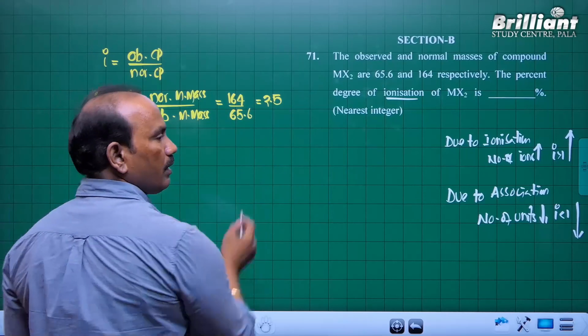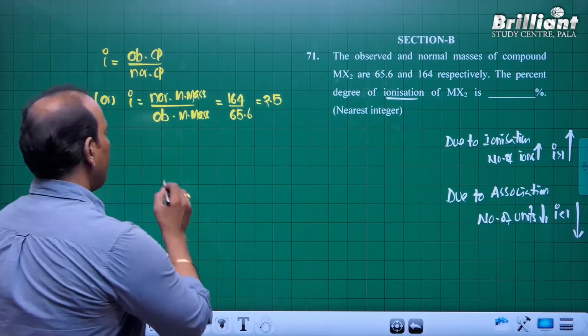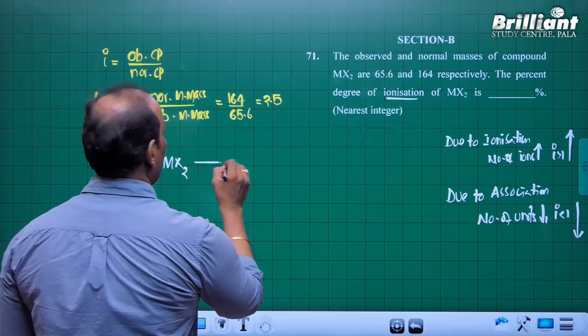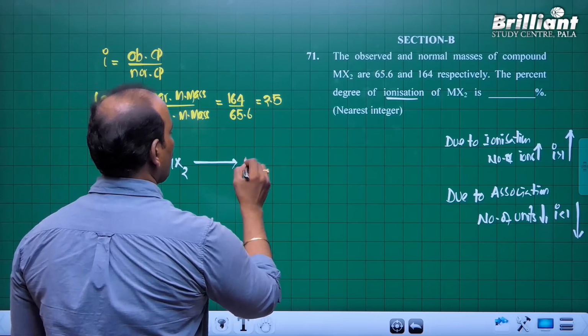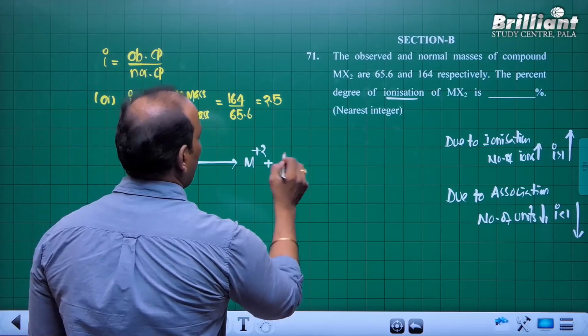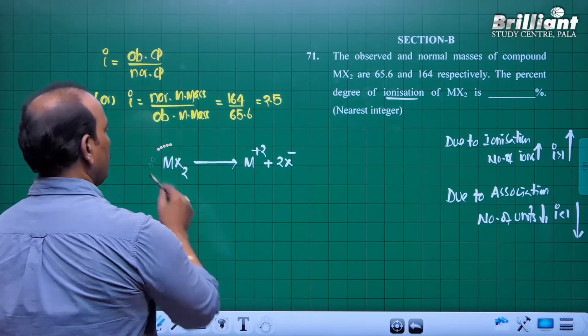Okay? Next, for the second step, we take MX2. MX2 then gives rise to M2+ and 2X-. Clear?